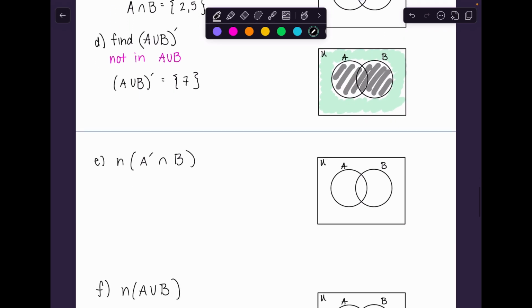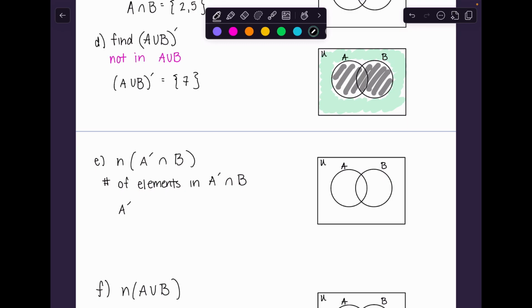Moving on to this next one, I've got to find the cardinality. So this is the number of elements in A complement intersect B. Well, that means I need to find A complement intersect B first. So again, going through my order of operations, I don't have parentheses, so I've got to start with A complement.